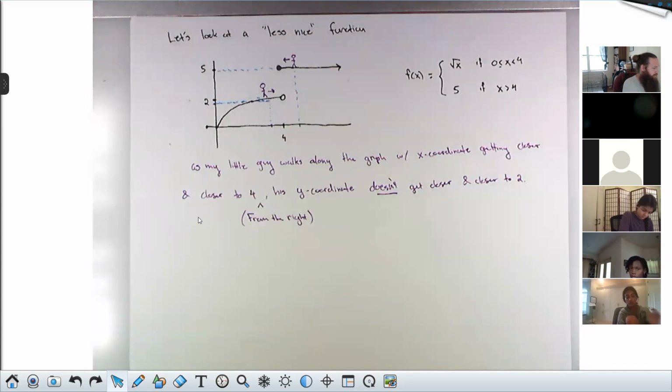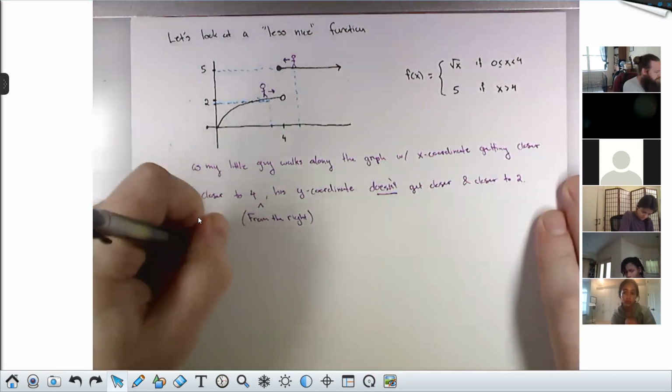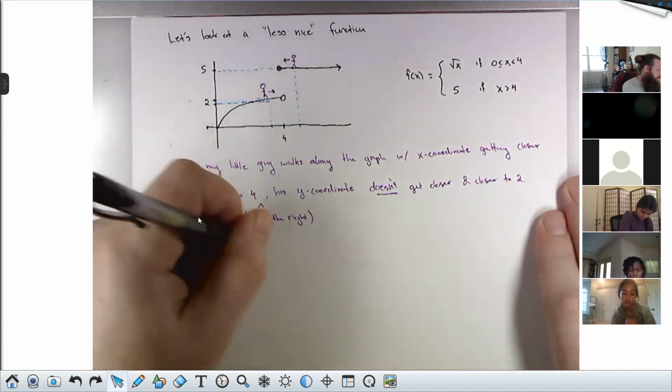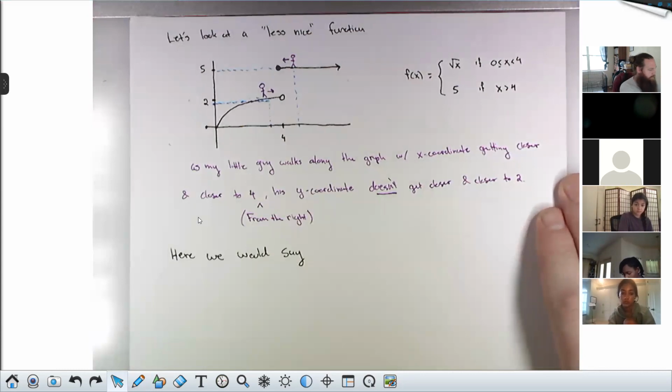Here we would say, and I'm going to introduce some more notation. There's kind of two statements we can make.